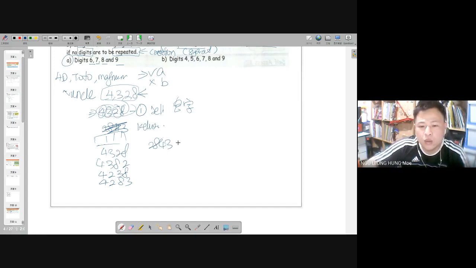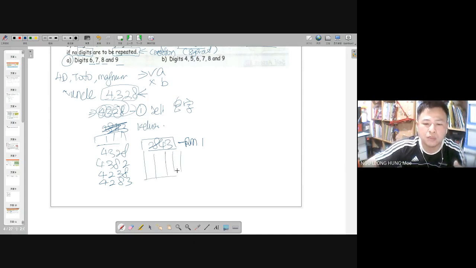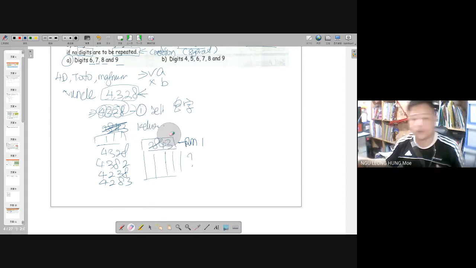Okay, let's say if you buy 1 ringgit for each number, how much money do you need to spend in order to buy all the possible numbers? This is why we calculate this, as one example.